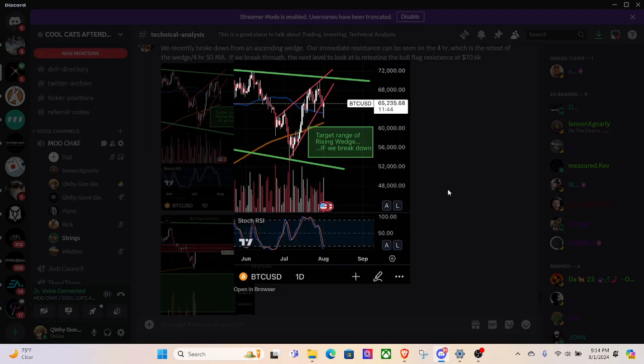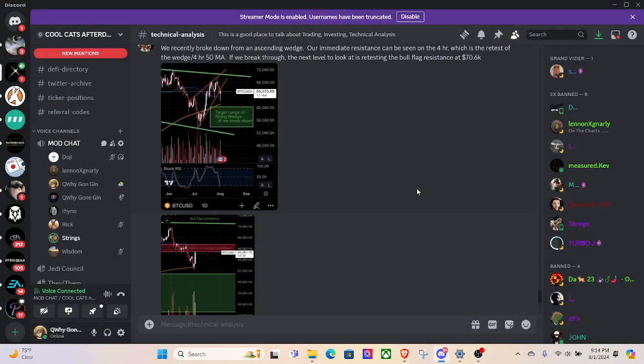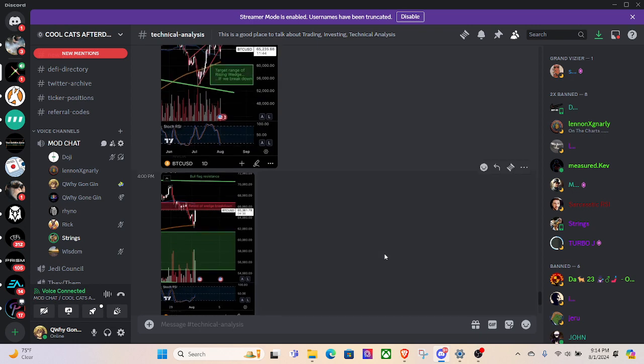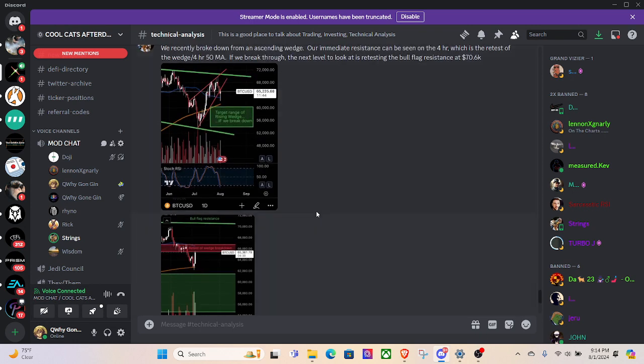That gives you a line straight down to a target range, and then you take the thinnest, most narrow part of the rising wedge and do the same thing. That's another vertical line, and that will give you a target range that you can anticipate the price will go to on the break of that pattern.